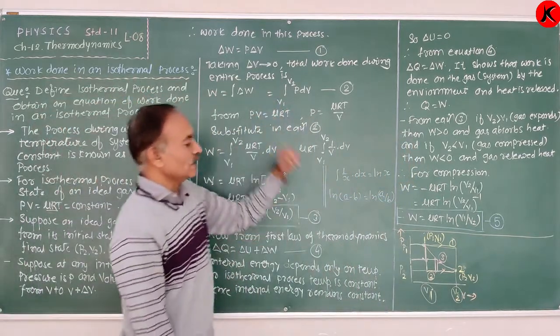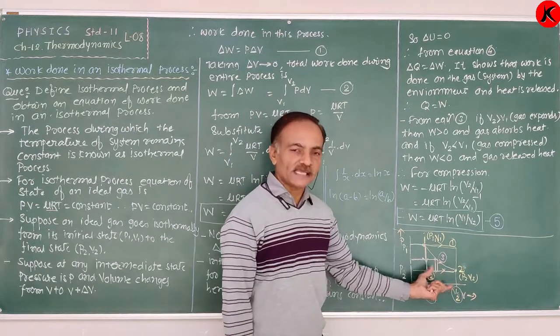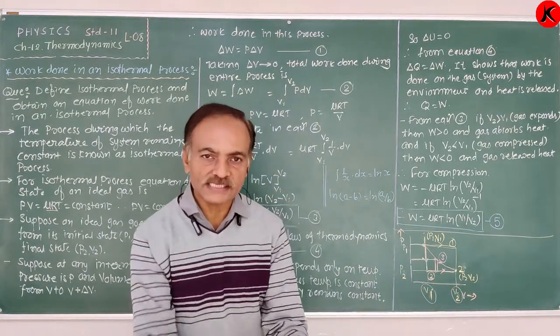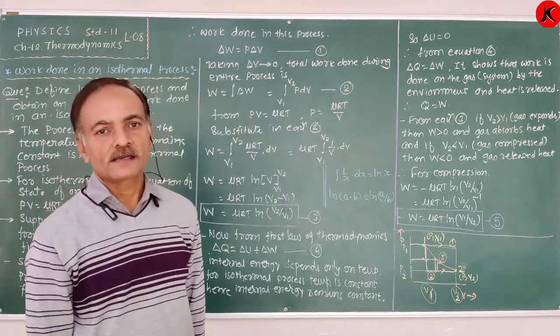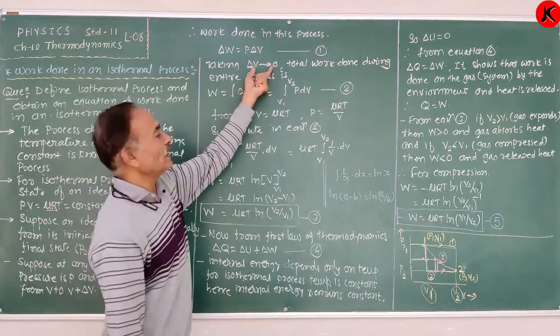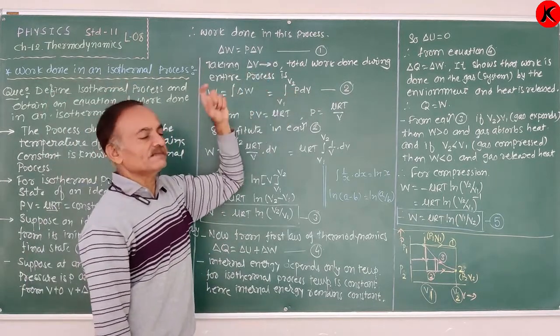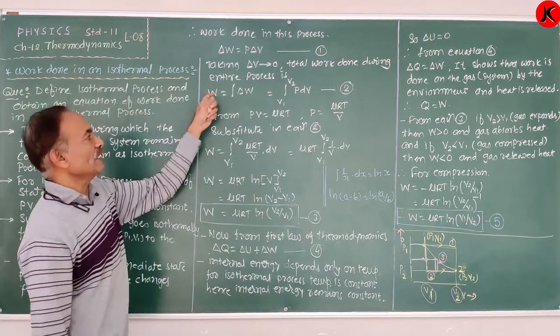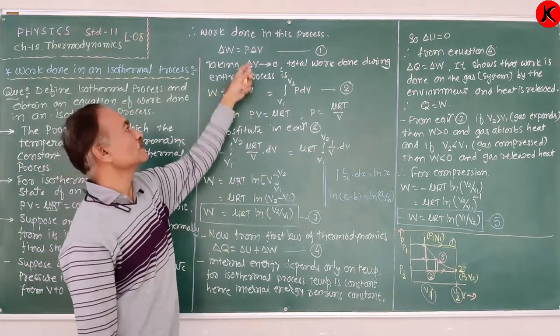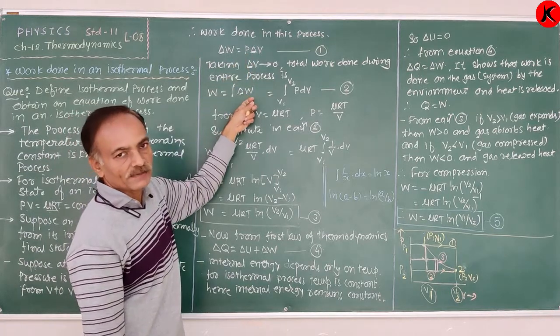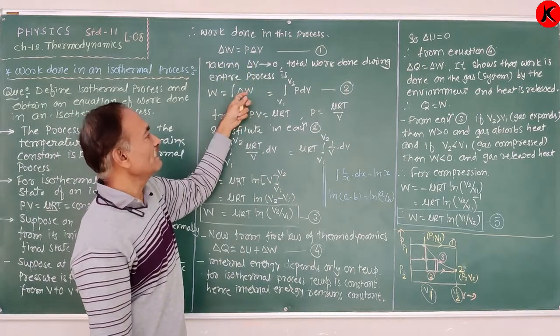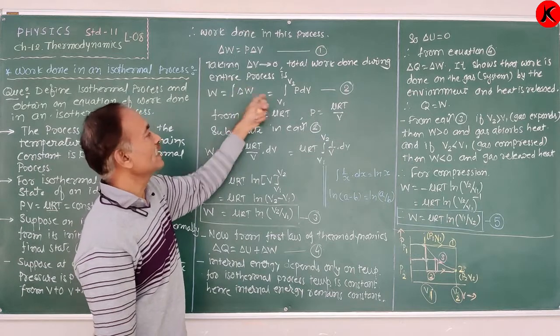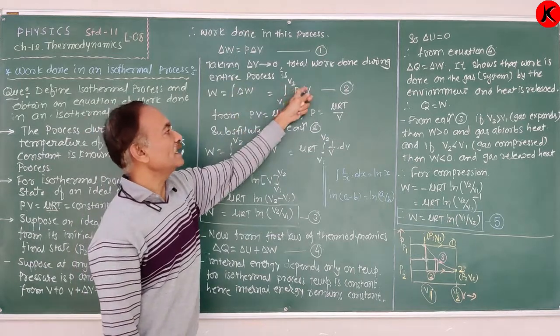The total work done is obtained by summing these small works done. But since the changes in volume are very small, this summation is converted into an integration. Therefore the total work done is the integration of delta W. We substitute the value of delta W, so it is the integration of P dV.